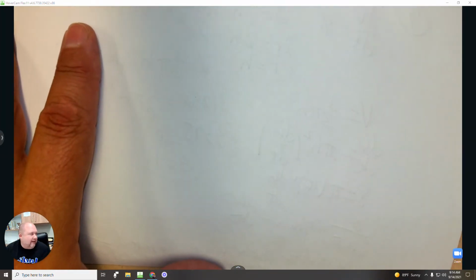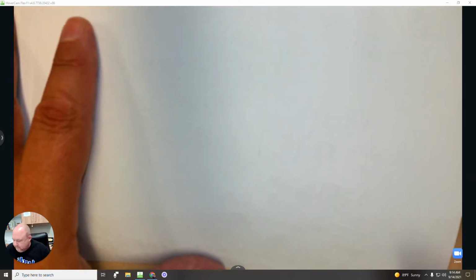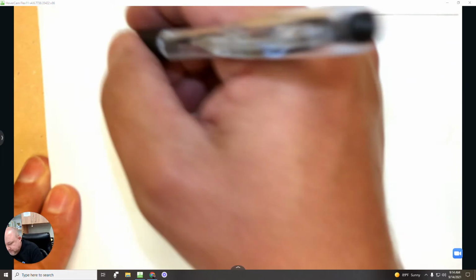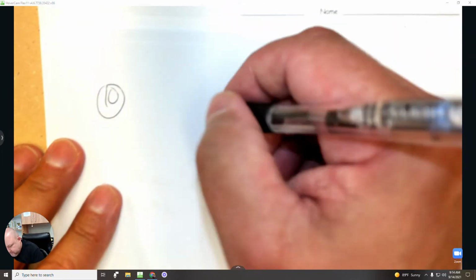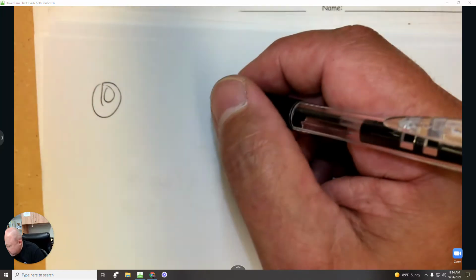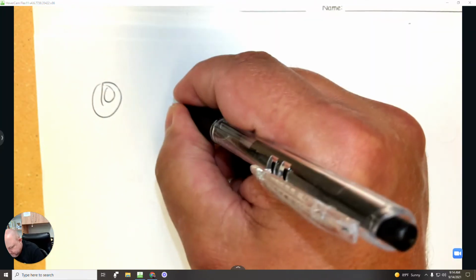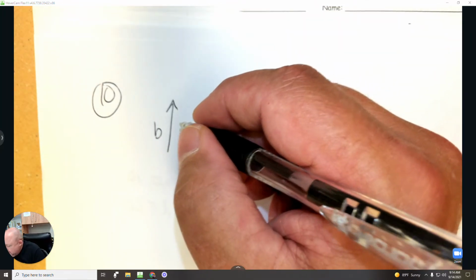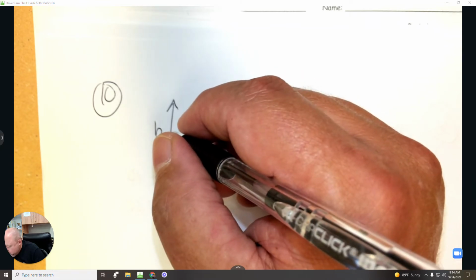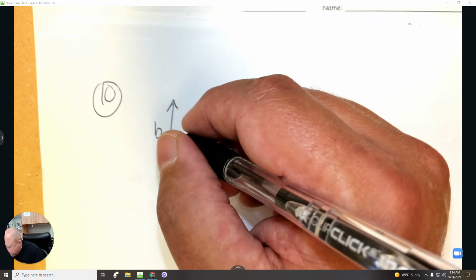In number 10, a bicyclist and a jogger are moving on 2 perpendicular intersecting streets. The bicyclist is moving north towards the intersection. And the jogger is moving west.